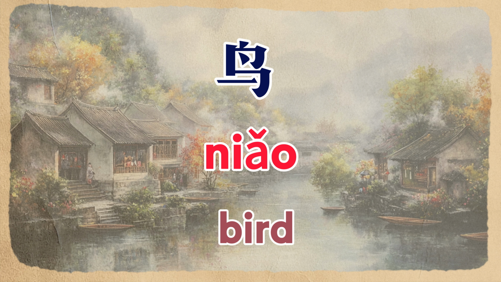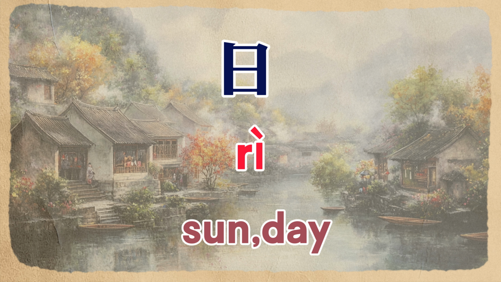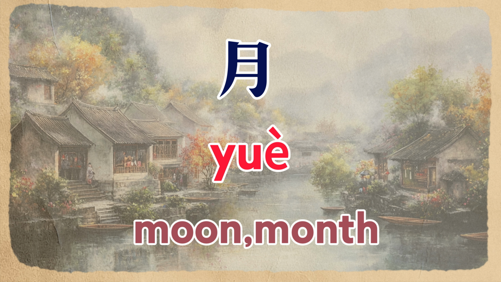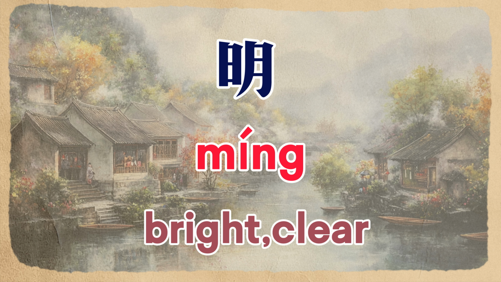For example, 鸟 means bird, 日 means sun or day, 月 means moon or month. When these 2 characters combine, they form 明, which means bright or clear.